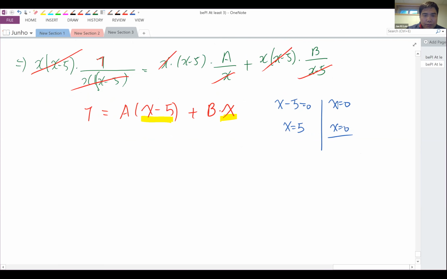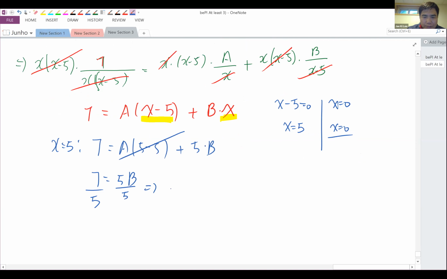Okay, so x equals 5, then 7 equals a times 5 minus 5 plus 5 times b. So this is gone. So 7 equals 5b, divided by 5. So b equals 7 over 5.